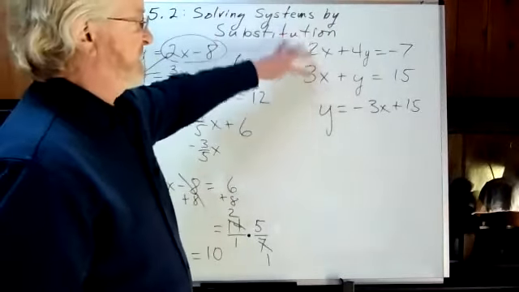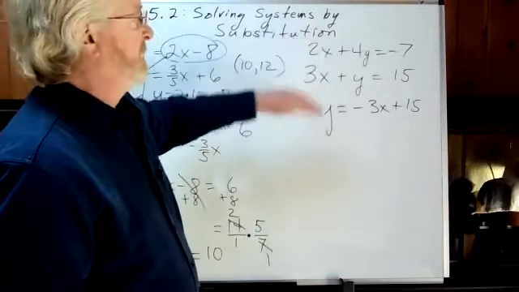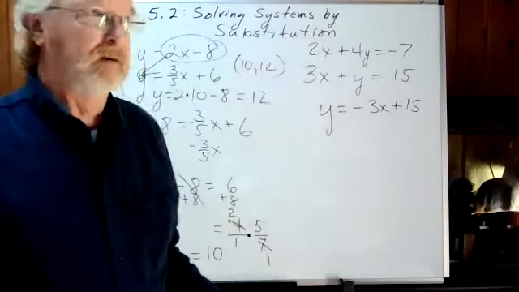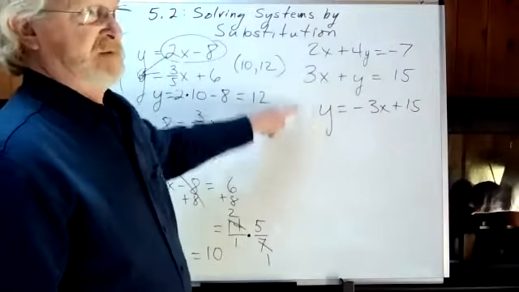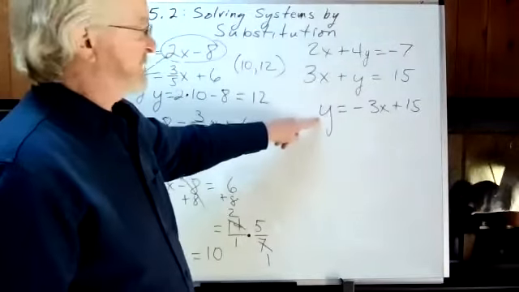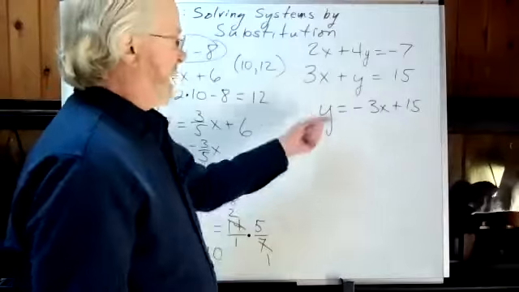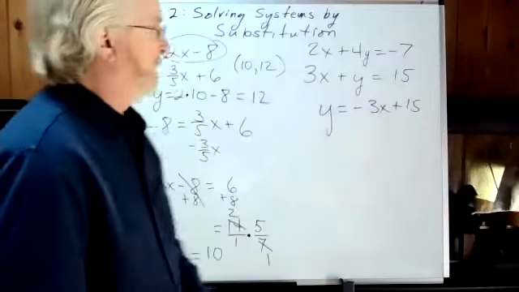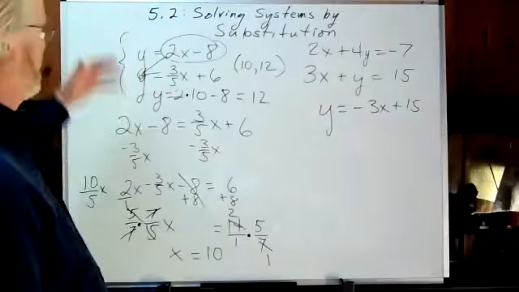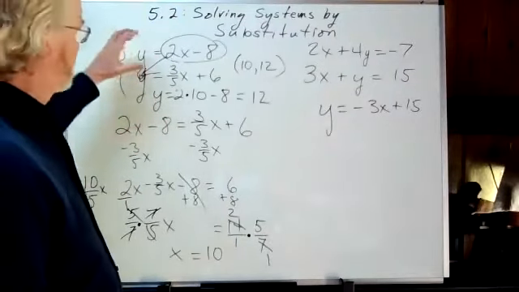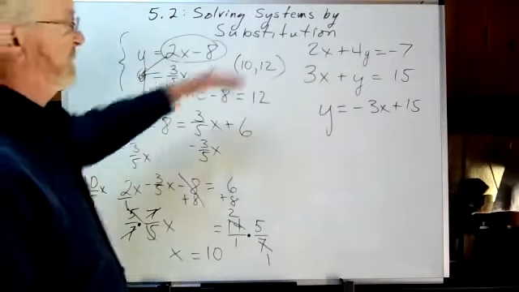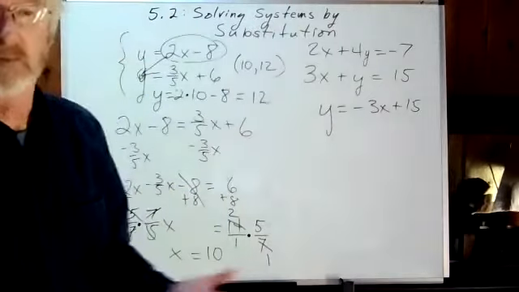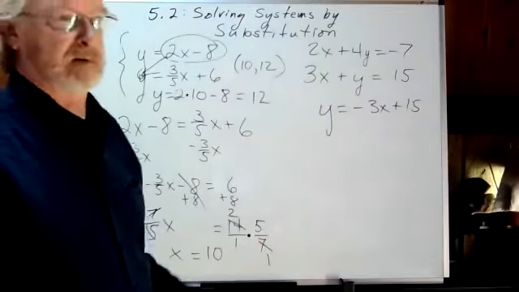If I had solved this system and came up with the x value and needed to find the y, I could plug it into either one of the first ones, plug in the x and find the y, or this is just the same equation rearranged. I could use this one and it's all ready to tell me what the y value is. So try not to get hung up on which one to use as long as it's a version of one of the original equations. You can use whichever one looks like it's easiest to work with to find that other variable.